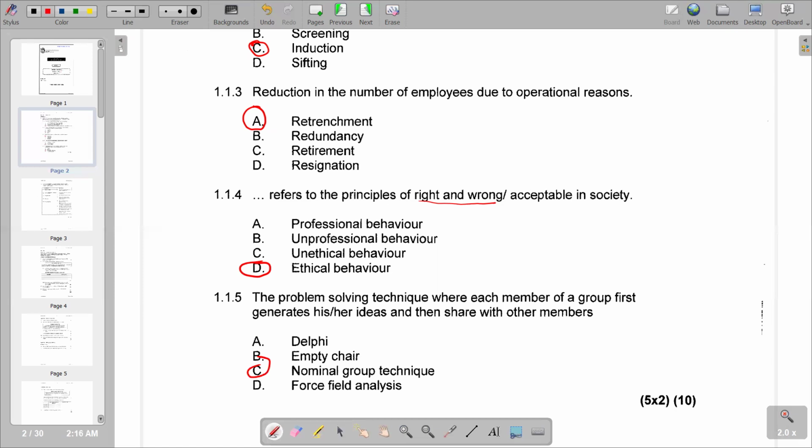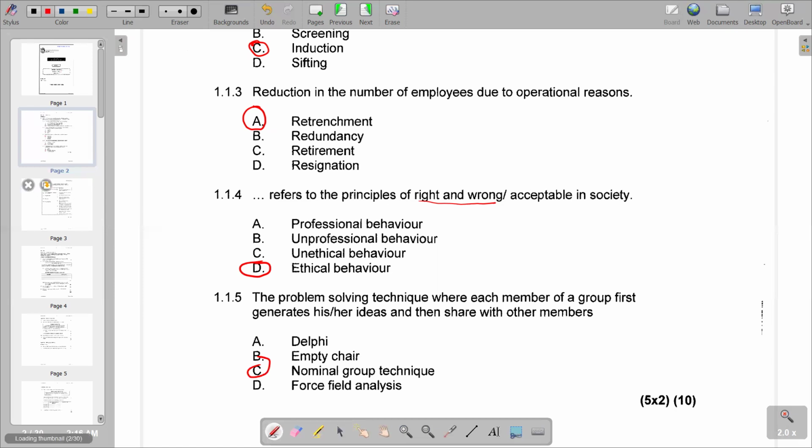Team members begin by writing down their ideas and then selecting which idea they feel is best. That makes it the correct response on this part.